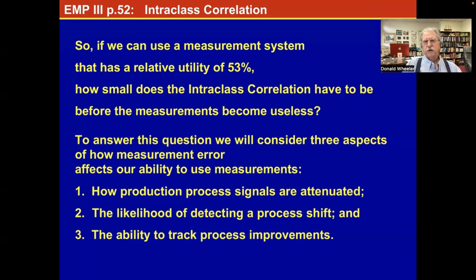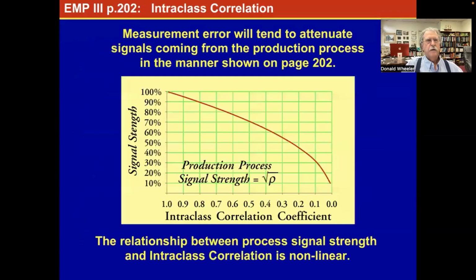Now, the answers to these questions are covered in Chapter 15, but we're going to just go over the highlights instead of getting lost in all the mathematics behind it. But we will pull some information out of Chapter 15. So, from page 202, measurement error will tend to attenuate signals coming from the production process, according to the curve shown here.